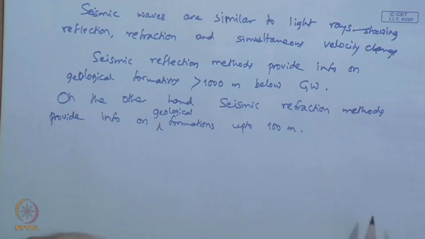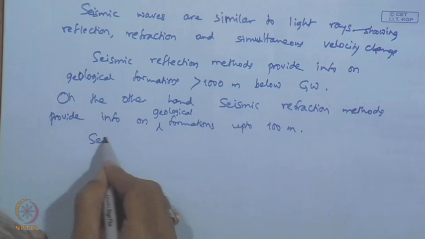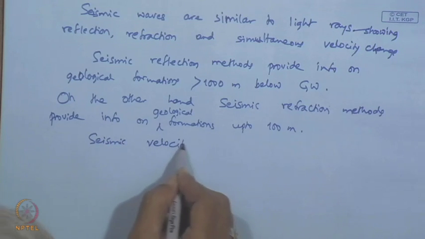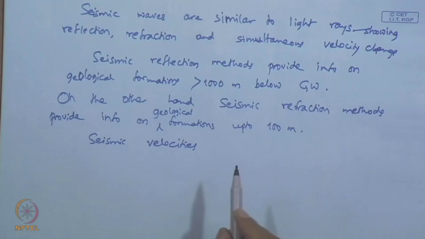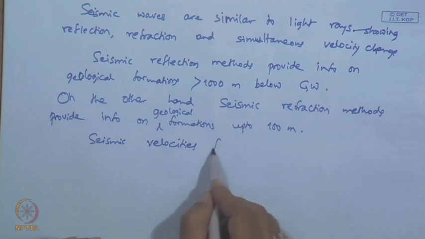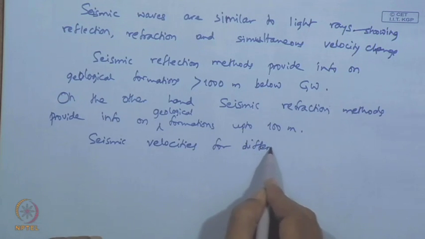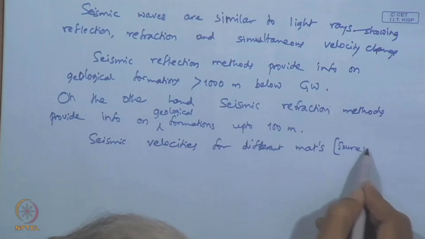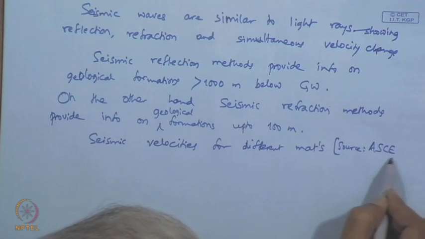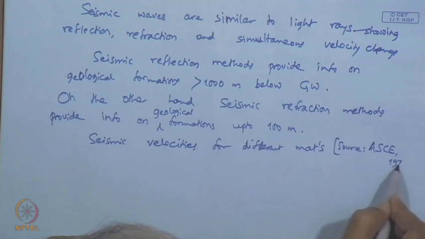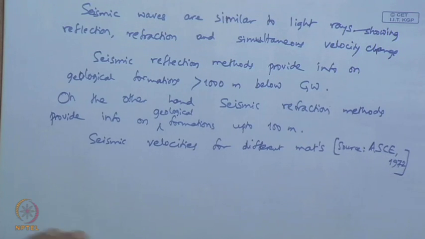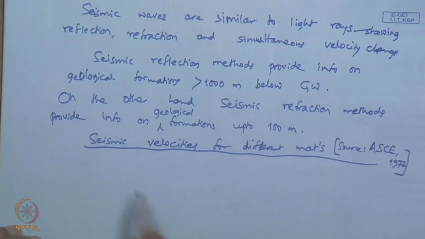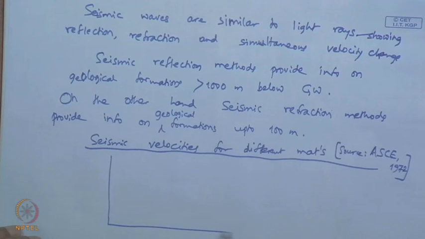So, the seismic velocities for different materials are taken from the document of the American Society of Civil Engineers in 1972, and this is the velocity in meter per second.